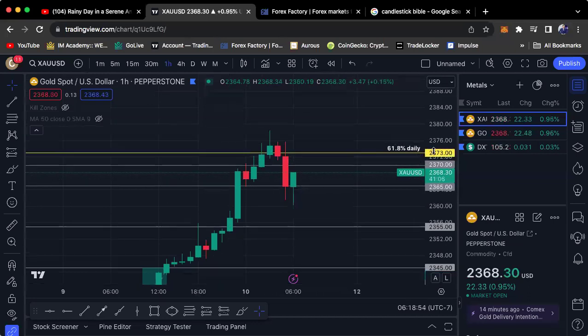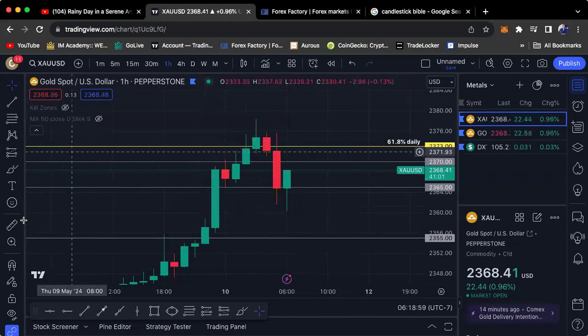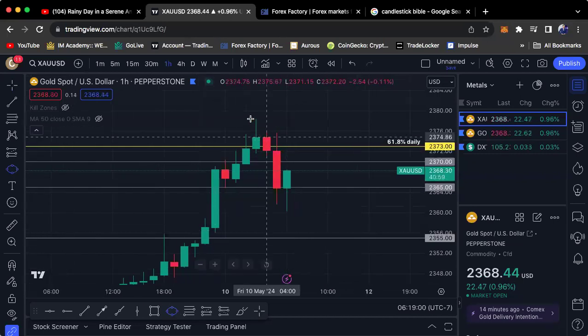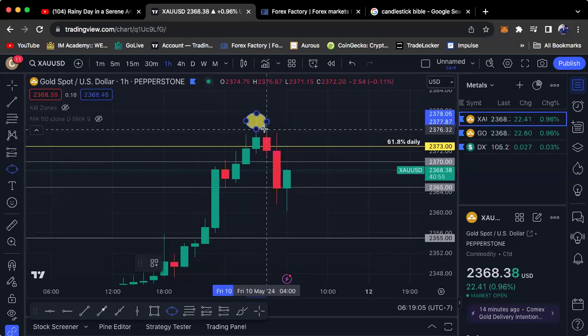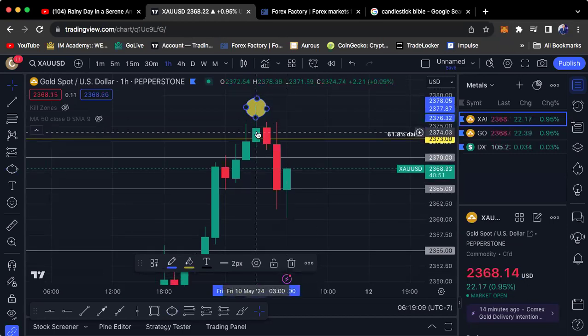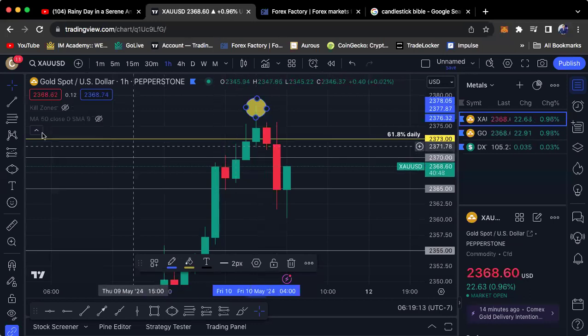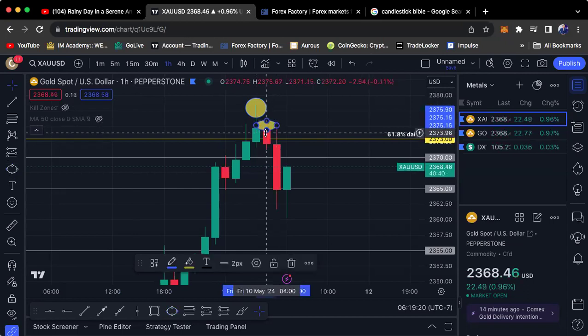You see right here, when you see this pattern happening, you have a wick, price failed to create a new higher high. And then the next candle is bearish.